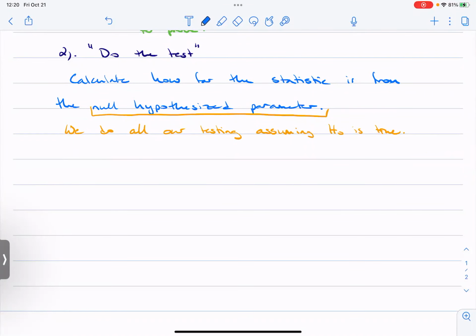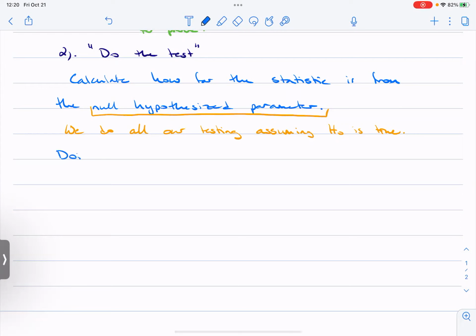There are others that we can calculate. We're going to move on to chi-squareds. We're going to look at T's. We're going to look at F's. All these different things that we could calculate, but they all do basically the same thing. They figure out how far your sample is from the null hypothesized parameter.